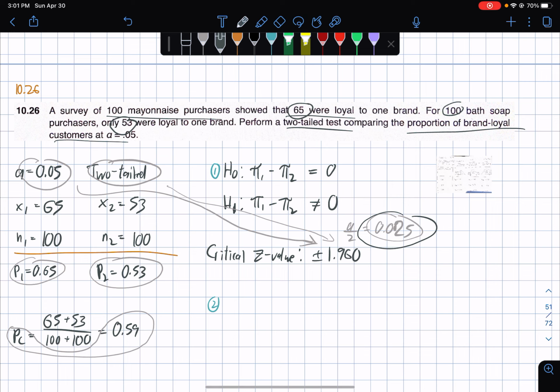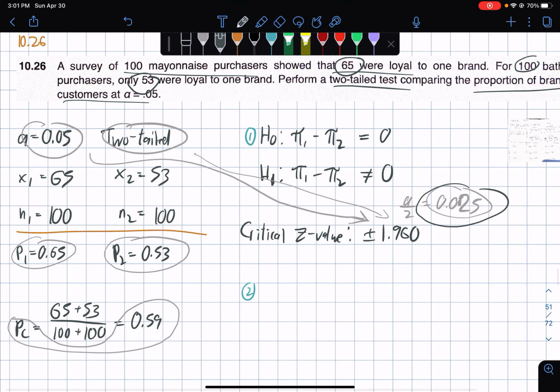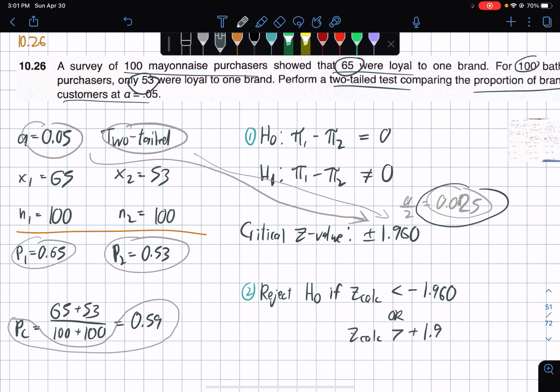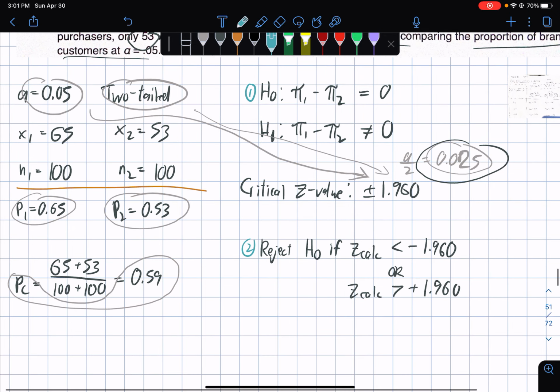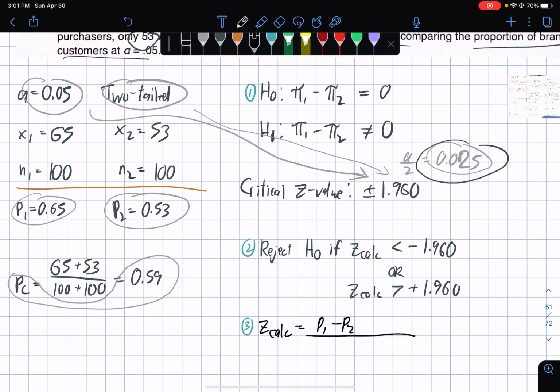Now for step 2, reject H0 if z-calc is less than negative 1.960 or z-calc is greater than positive 1.960. And then the formula: z-calc is equal to P1 minus P2 over the square root of PC times the quantity 1 minus PC times the quantity 1 over n1 plus 1 over n2.